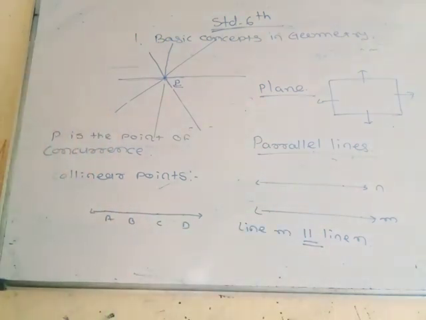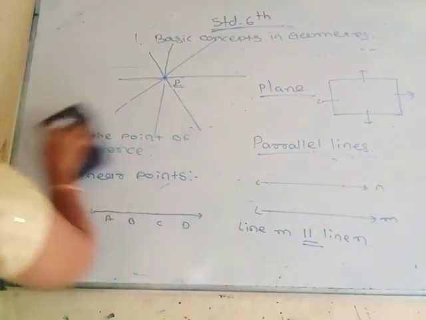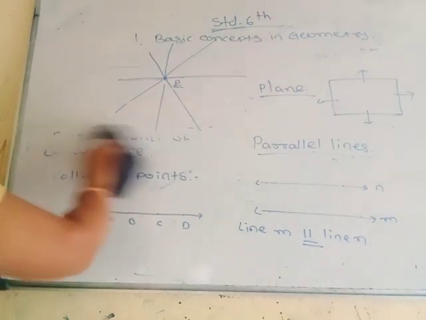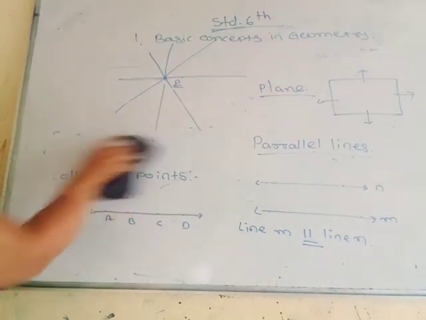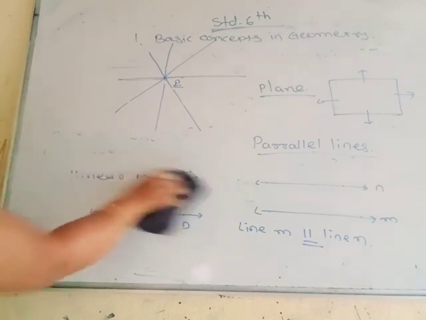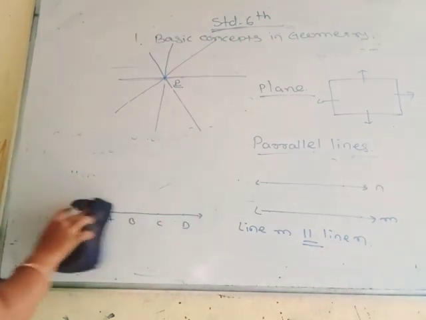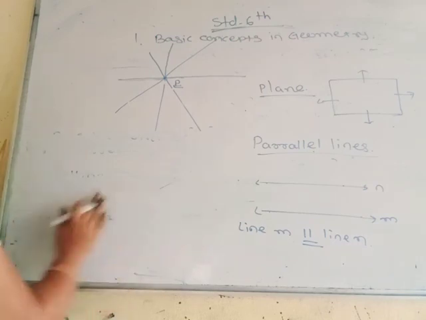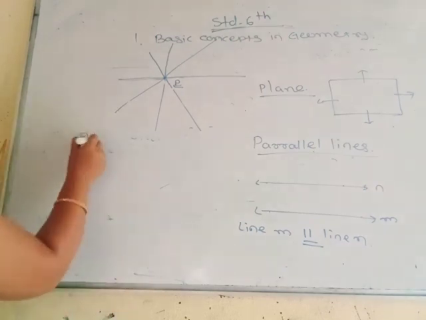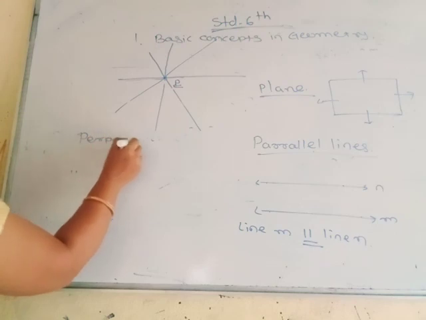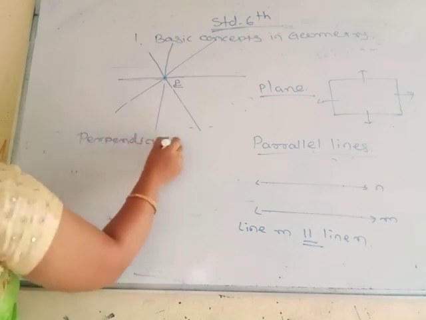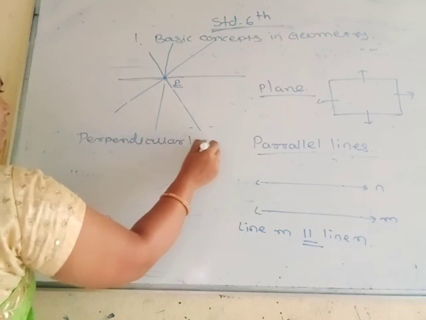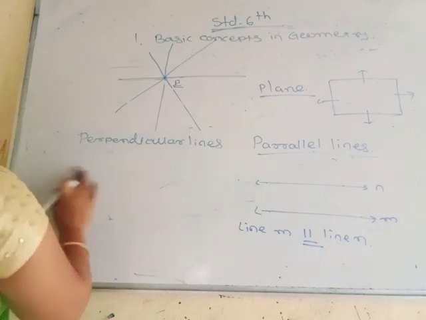Then the next concept is perpendicular lines, also called intersecting lines.